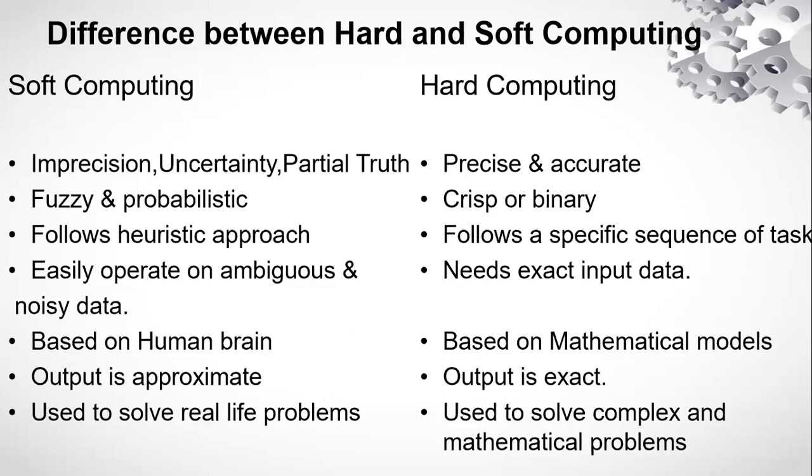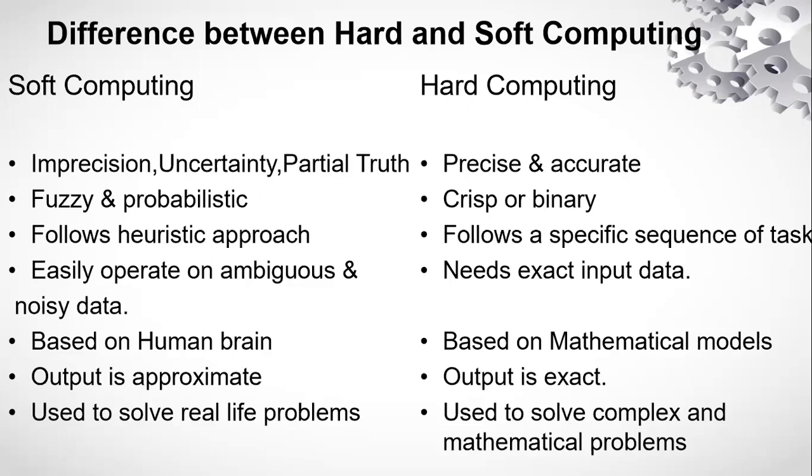The output of soft computing is approximate, it's not clear, while the hard computing output is always exact. And the last thing, which we must have understood by now, is that soft computing is used to solve real life problems. Hard computing, rather, is used to solve mathematical problems which may be complex.